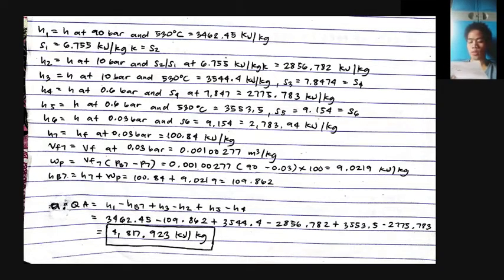Okay, H1 is equal to H at 90 bar and 530 degrees Celsius, equal to 3462.45 kilojoules per kilogram. Next, S1 equal to 6.755 kilojoules per kilogram.